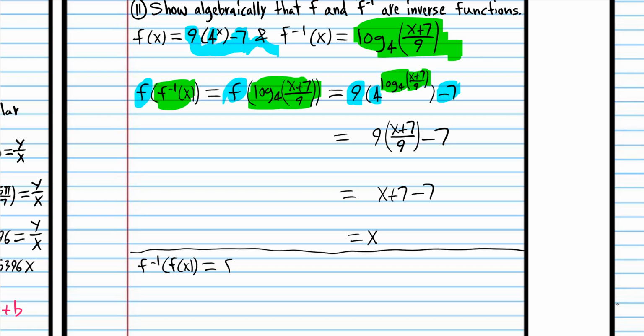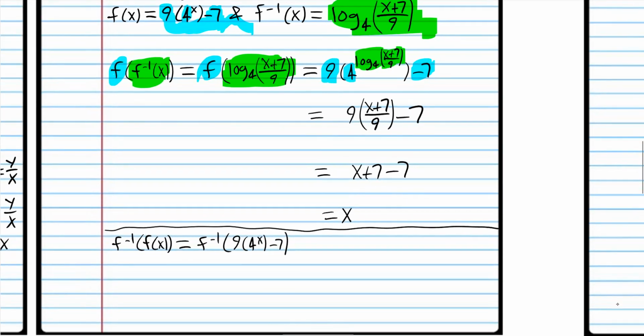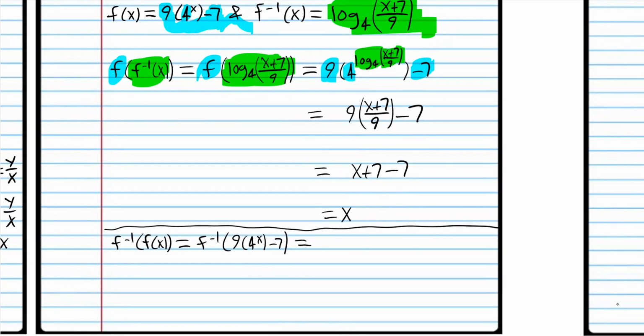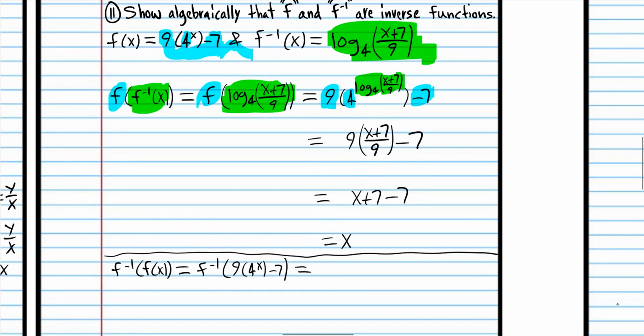So this is going to be f inverse with the blue function plugged in. So that means we're going to have the green function on the outside, but we're going to have the blue function on the inside.